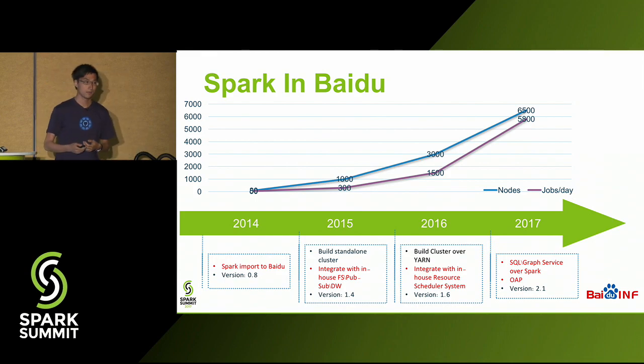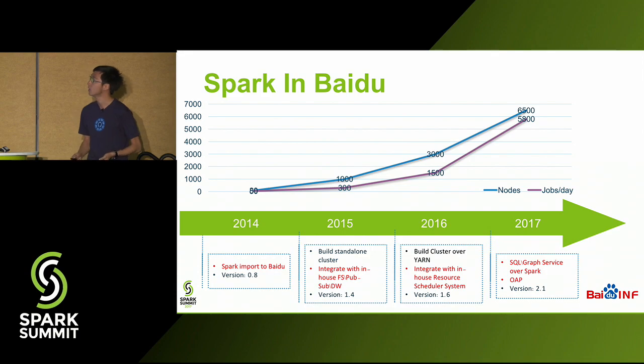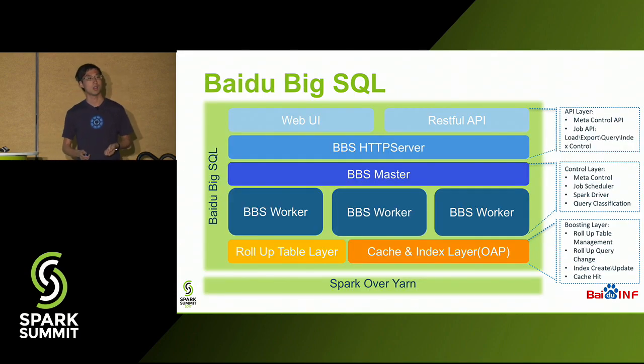So, with the rapid development of Spark, we thought about how we can bring more people, even those who are not developers, to enjoy the benefits brought by Spark. So we implemented an ad hoc query service named Baidu Big Circle. You can see that Baidu Big Circle consists of 3 layers: the API layer, the control layer, and the boosting layer.